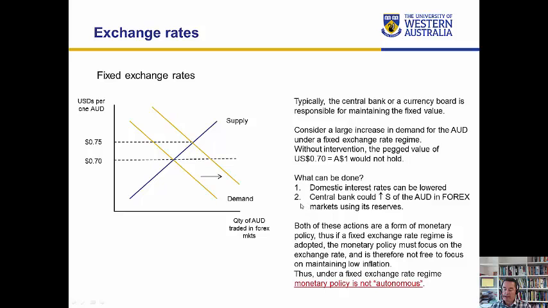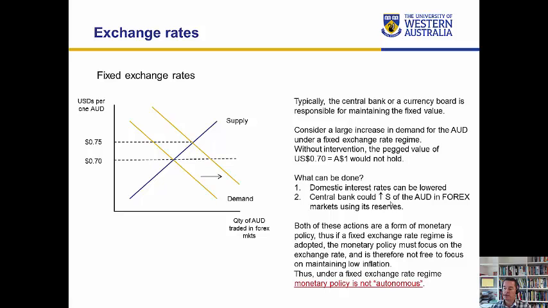Actually, one other thing that you need to realise, number 2 actually involves an increase in the supply of the Australian dollar, an increase in the money supply in the domestic economy, because when a central bank keeps the exchange rate fixed at 0.7 using number 2, they are injecting more Aussie dollars into the foreign exchange market, but those Aussie dollars quickly come back into the Australian economy because that increased supply of Australian dollars is being purchased by foreigners.